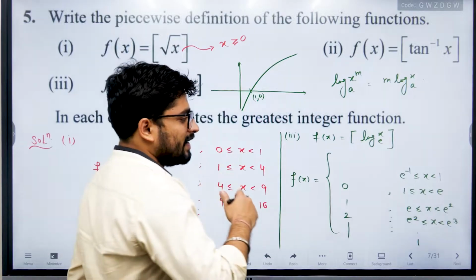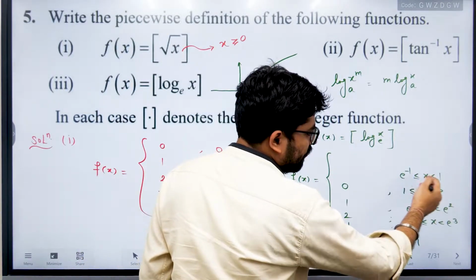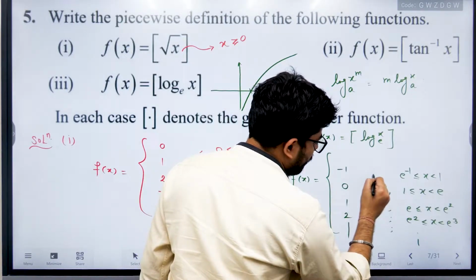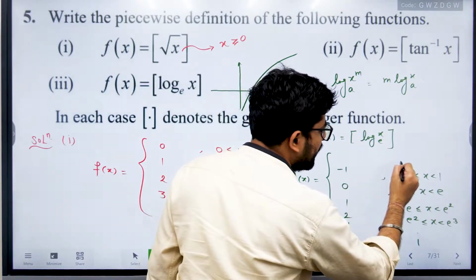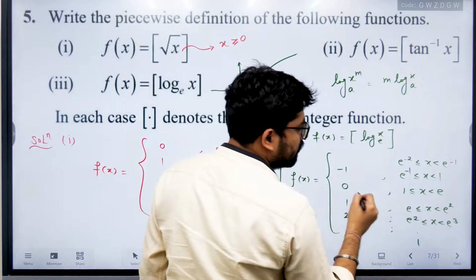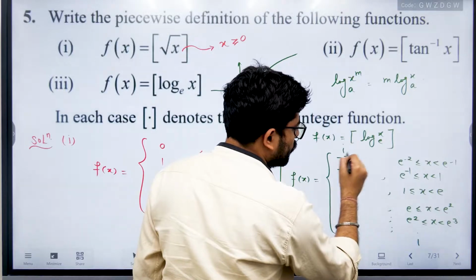So the function lies between minus 1 to 0, 0 open, so the value is minus 1. Similarly e power minus 2 to e power minus 1, value will be minus 2 and so on.